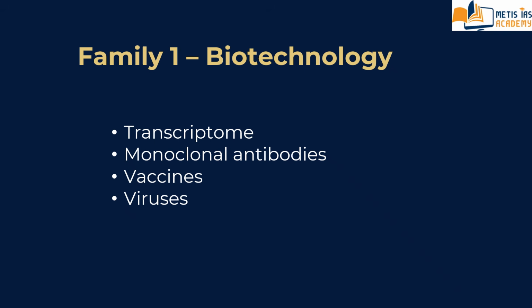These types of questions come under biotechnology, like CRISPR technology, monoclonal antibodies, viruses, mRNA viruses, and the making of antiviral vaccines. UPSC repeatedly asks biotechnology questions because they are directly connected with public health and agriculture. That is why family one, biotechnology, is useful for public health and agriculture also.